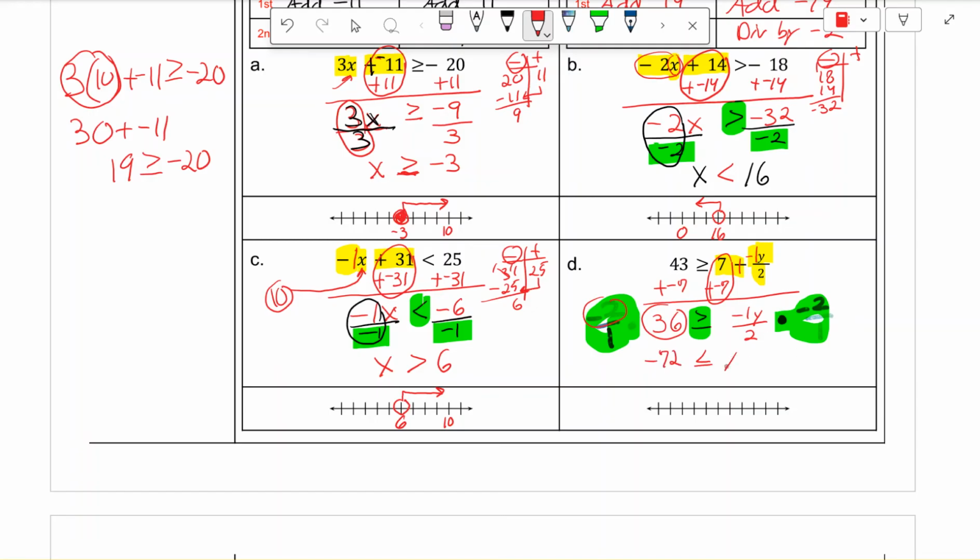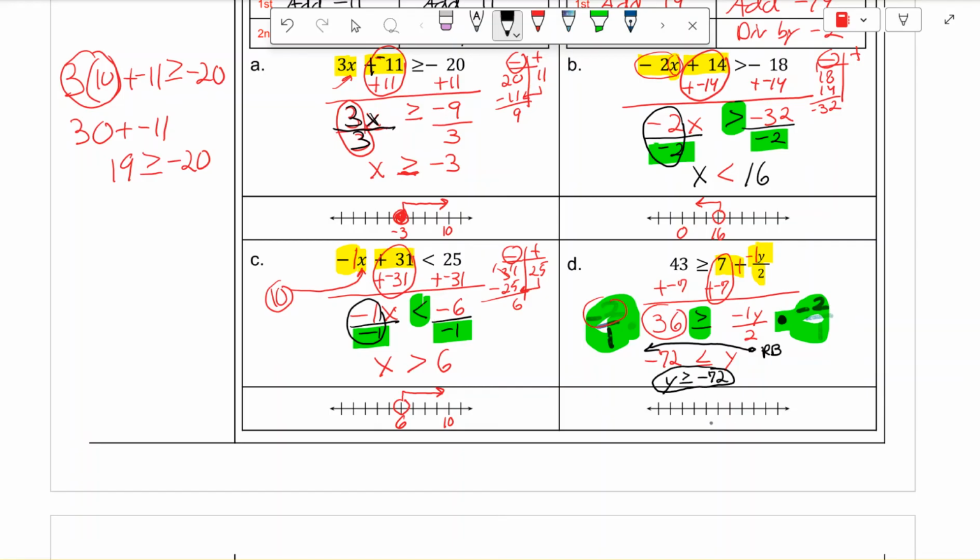And this side is y. Now, it's backwards because the variable is on the right side. So, just like we learned in past lessons, we start here and we go this way, reading backwards. It says y is greater than or equal to negative 72. So that's the way you write your inequality answers, with the variable in the front.